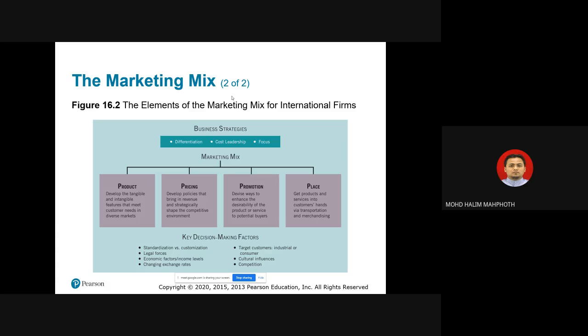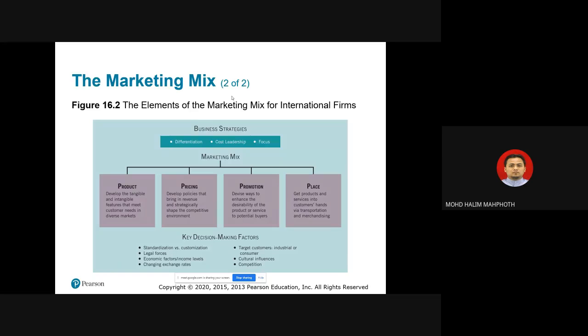But those people that are not looking for a cheaper price are looking for the content. What is actually extra in this kind of product? Is it low calories? The kind of elements that are displayed on the packaging of the products. So you should know the target customer. Is it industrial, or the consumer itself?